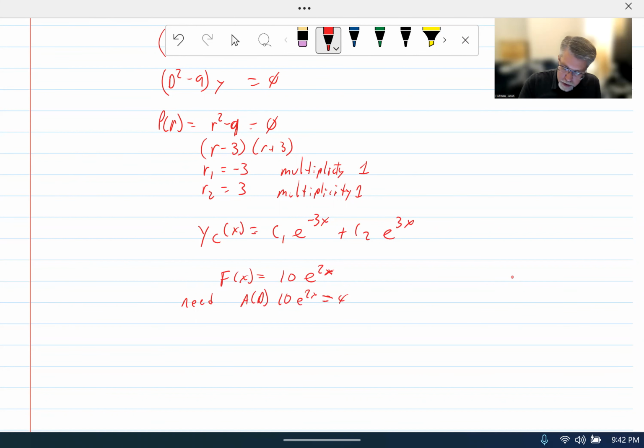I need some annihilator polynomial that's going to get rid of 10 and e to the 2x. Well, I could divide by 10. And that just tells me that A(D) times e to the 2x is equal to 0.